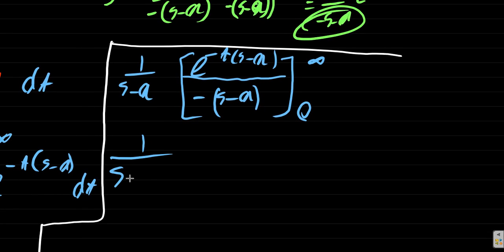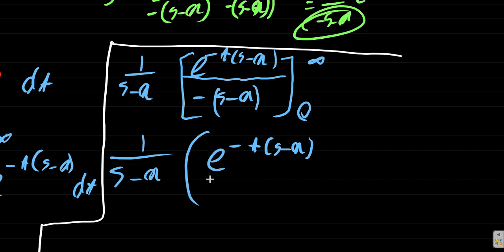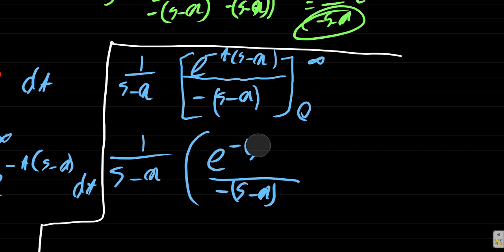This is 1 over s minus a. Now, upper boundary. We substitute the upper boundary. This is e to the negative t s minus a over negative s minus a. But t becomes infinity. S minus a times infinity is just infinity. Remember, there's no specific number known as infinity.